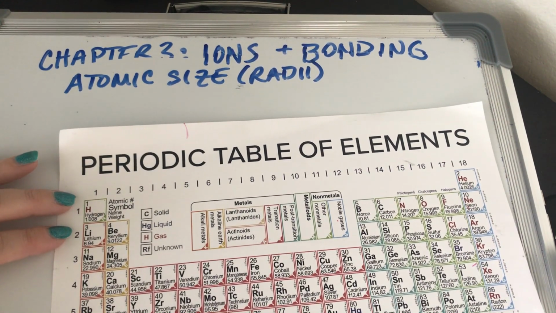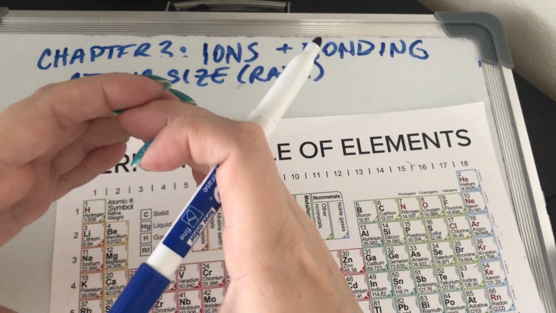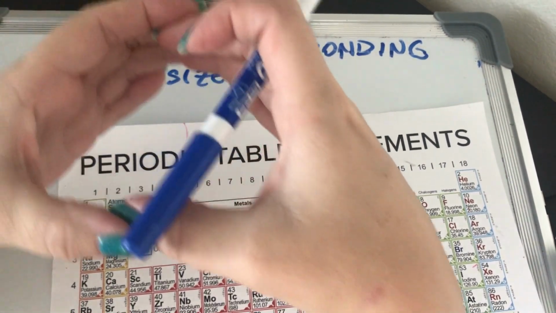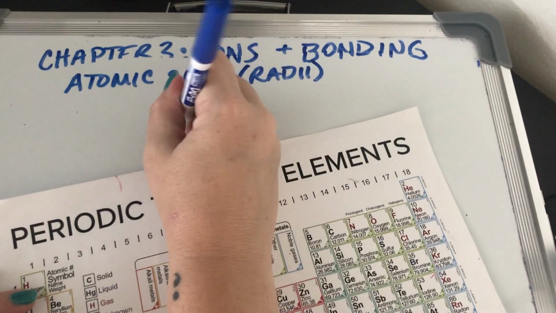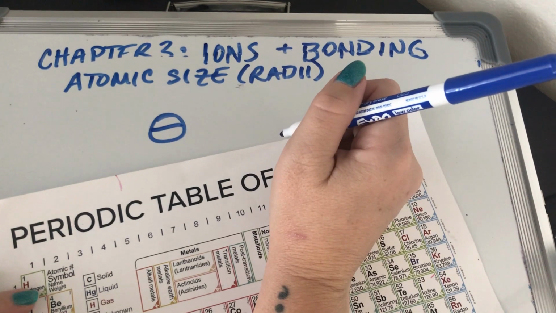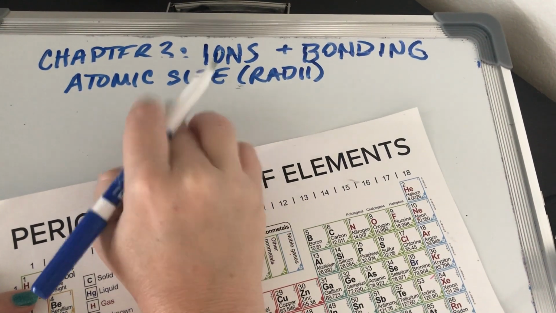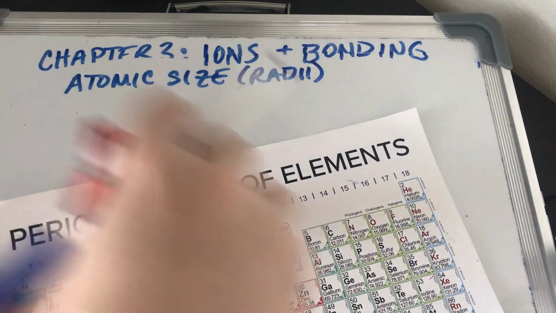If I have any kind of spherical object, the diameter would be the distance from one end of the circle to the other. That's the diameter, right? So the radius is just half of that, right? So that's telling us about the atomic size, aka the atomic radii.